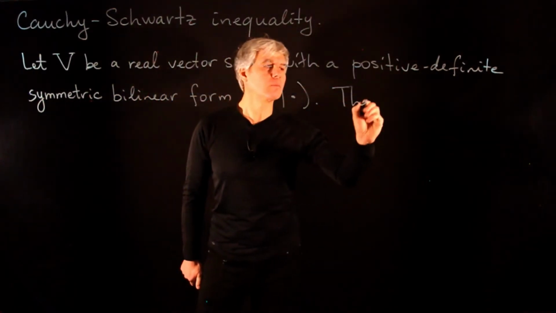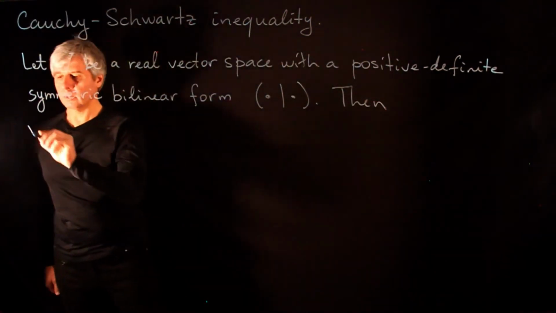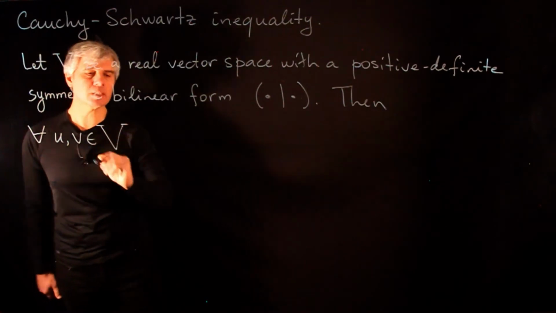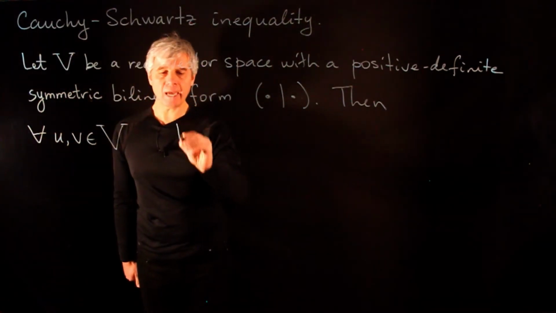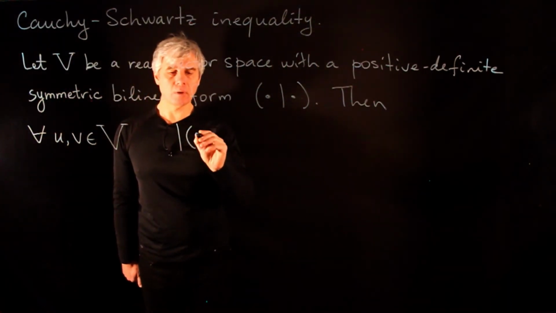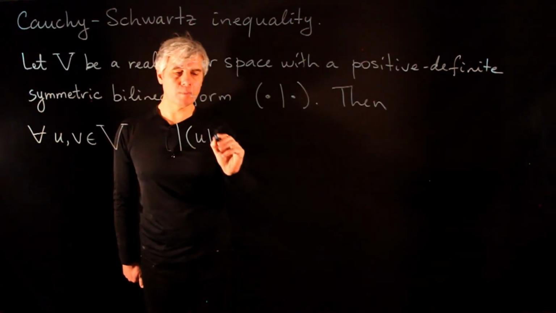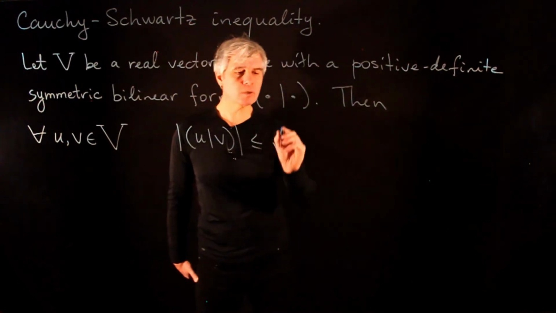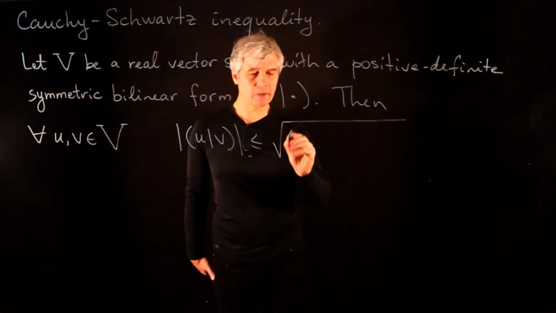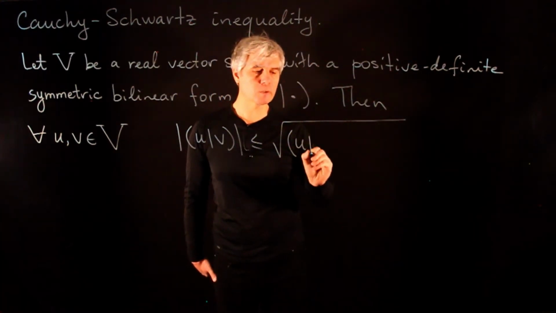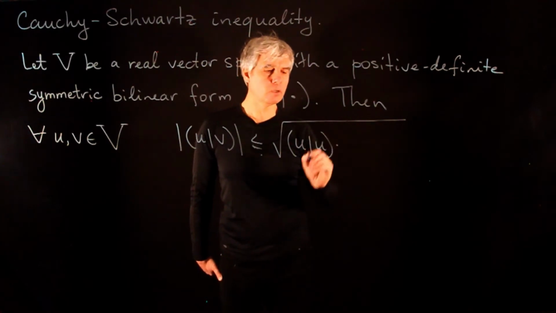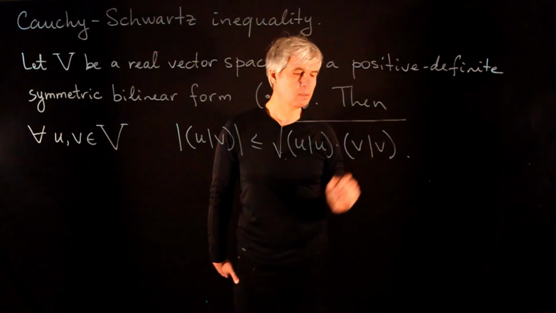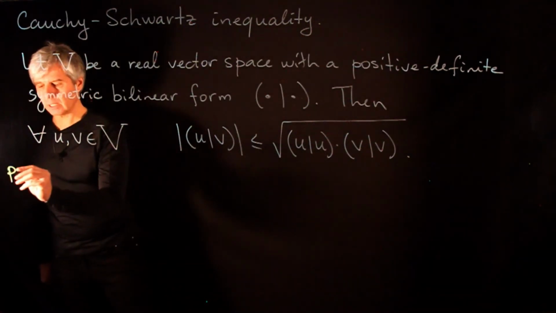Then, for all u and v in this vector space, we have that the absolute value of the bilinear form on u and v does not exceed the square root of the bilinear form of u with u, times the bilinear form of v with v. Let us give the proof of this inequality.